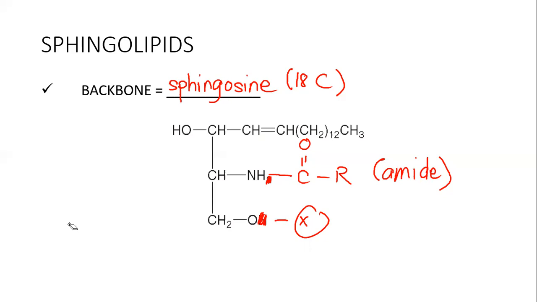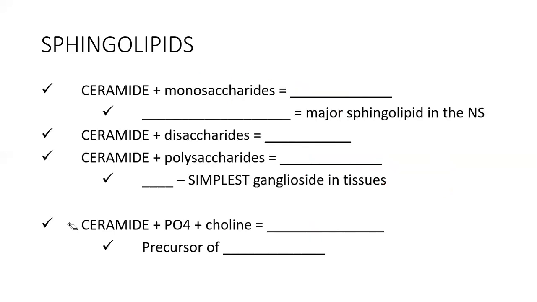So now, let's discuss the different types of head groups that can bind to the OH of the sphingosine backbone, and what the resulting compound or structure will be. Let us now proceed with the examples of sphingolipids, starting with ceramide plus monosaccharides.